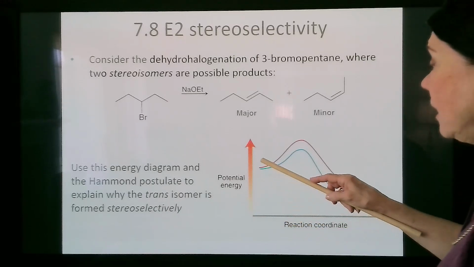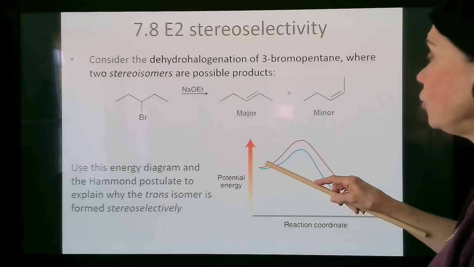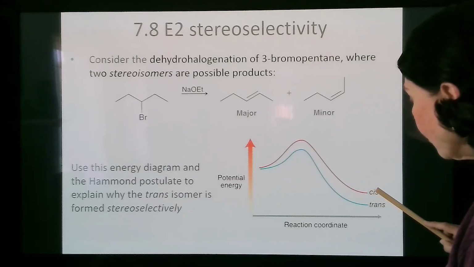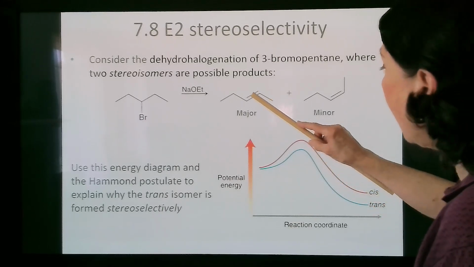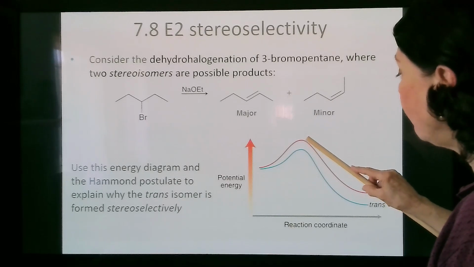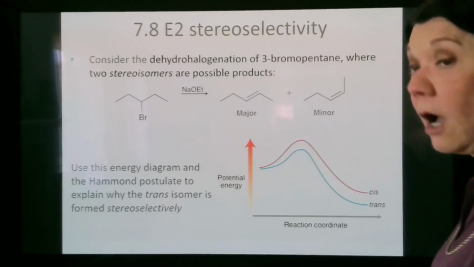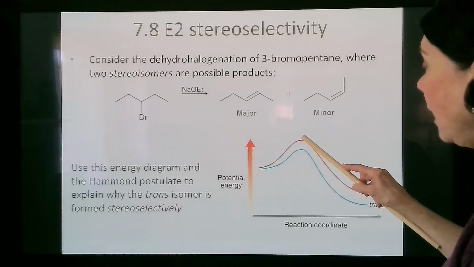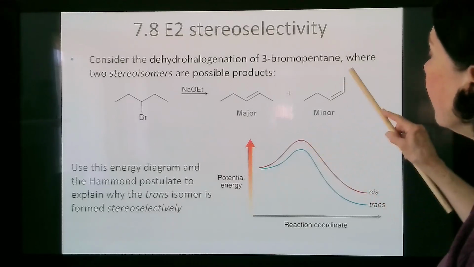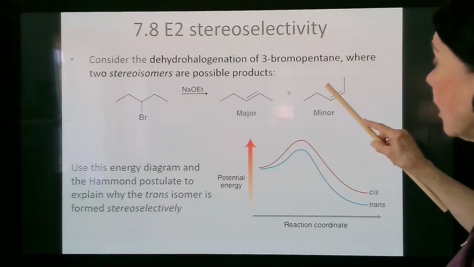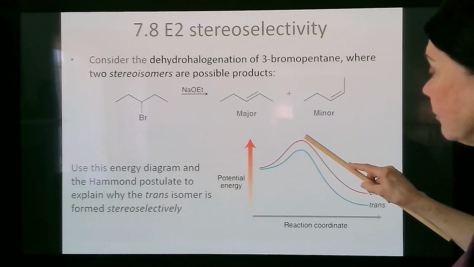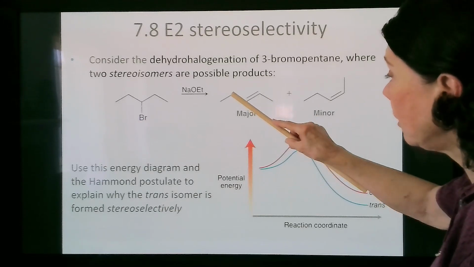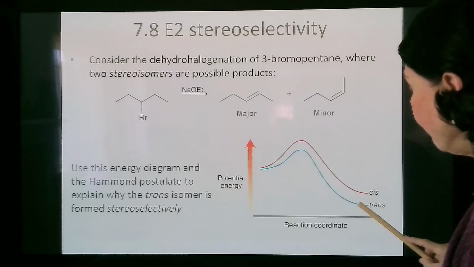What happens is, because the higher energy product is being formed, it has to go through the higher energy transition state, because as the pi bond is developing, these 2 groups are coming in close proximity together. Here, as this pi bond is developing, the 2 groups are pointing away from each other.